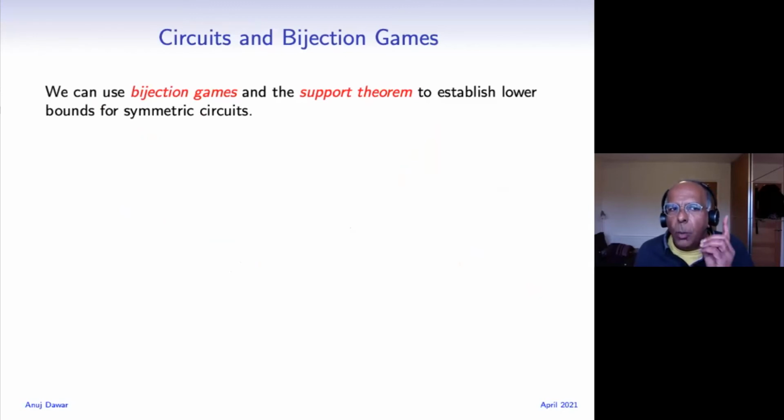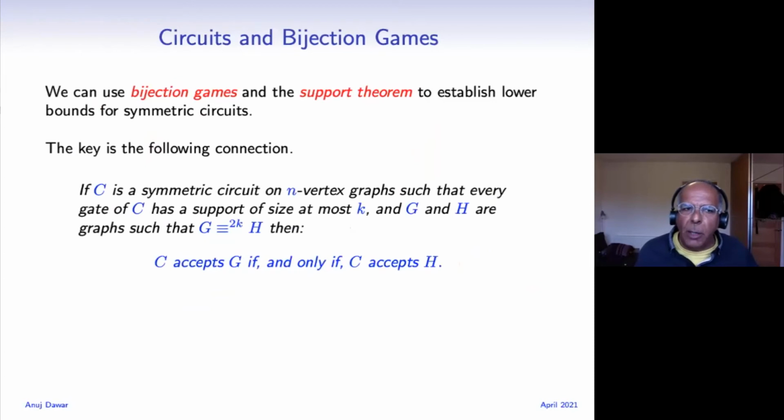Now, with the bijection game and the support game, we have our tools for proving lower bounds for symmetric circuits. And the key is the following connection. If you have a symmetric circuit, and symmetric for now means SYM and symmetric, let's say, and the input is an n-vertex graph, in the sense it's the adjacency matrix of an n-vertex graph.